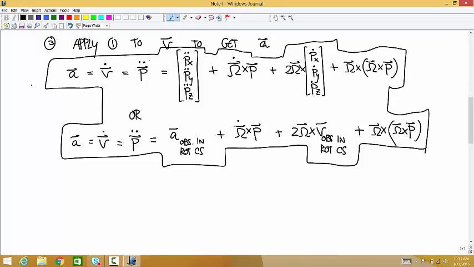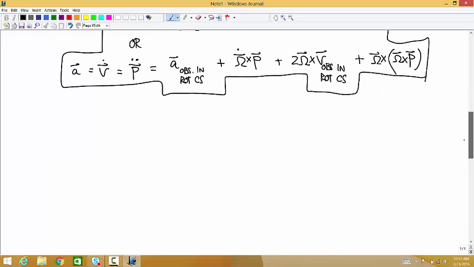Okay? If you have a non-rotating coordinate system, p double dot is equal to components double dot. But with the rotating coordinate system, you also have to deal with the terms that relate to the i dot, j dot, and k dot. Those are non-zero, and that's what all this deals with, that correction term.